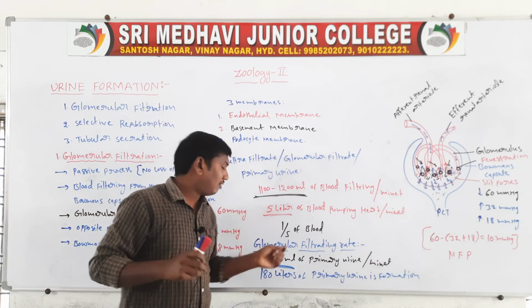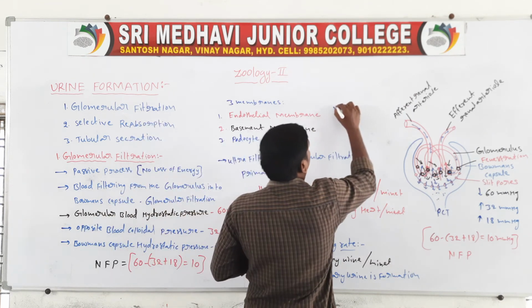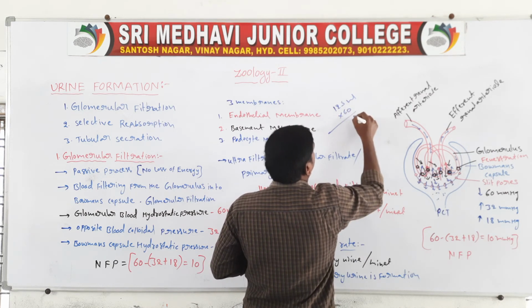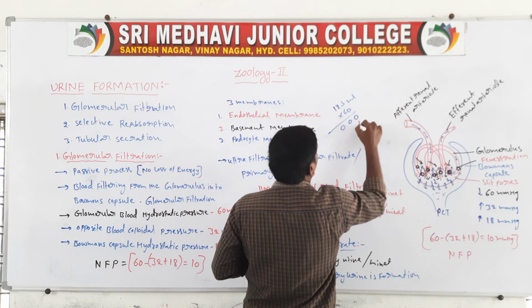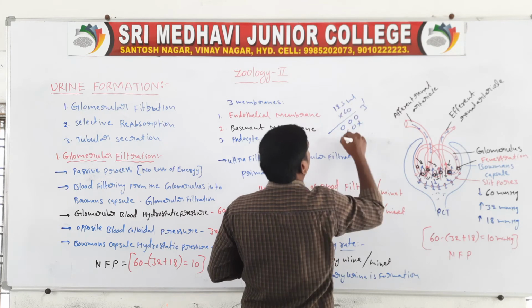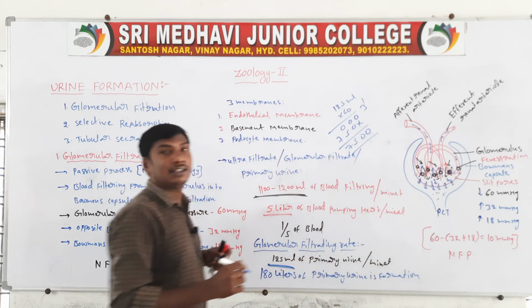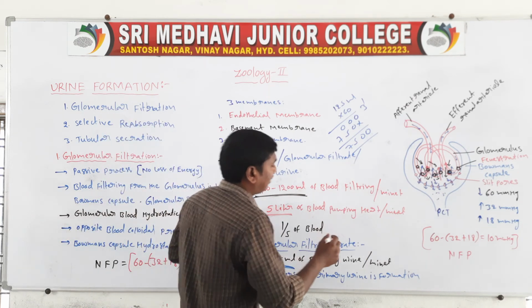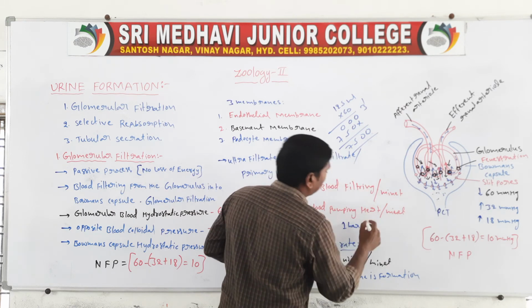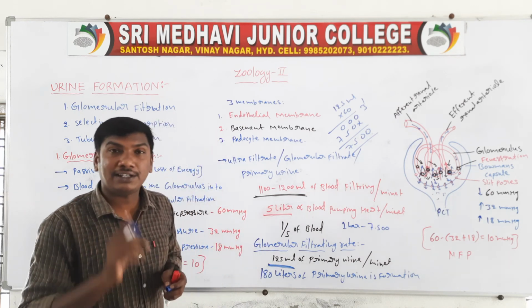For a minute, 125 ml of primary urine is formed. 125 ml times 60 gives 7.5 liters per hour.